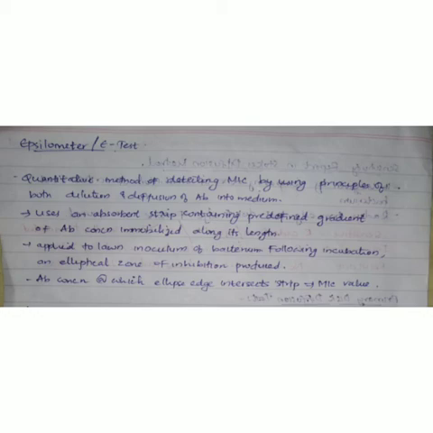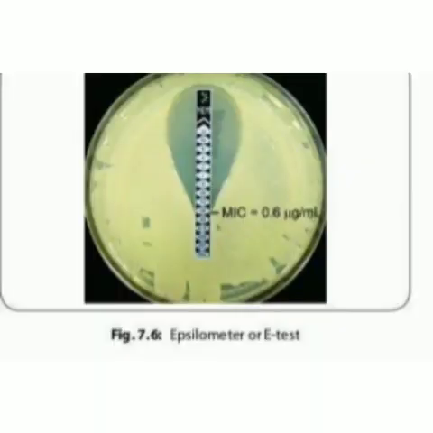Here it is applied to the lawn inoculum of the bacterium, and following incubation an elliptical zone of inhibition is produced. The antibiotic concentration at which the ellipse edge intersects the strip is called the MIC value in E-test. In this figure you can see that the elliptical edge intersecting the strip is read as the MIC.